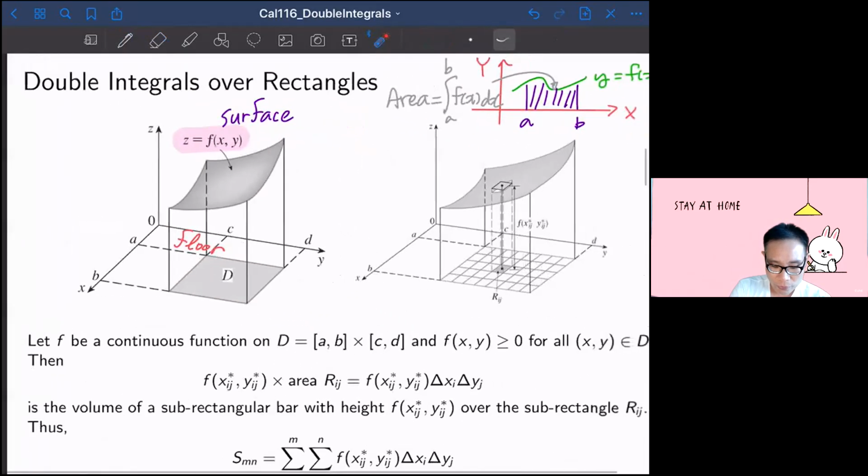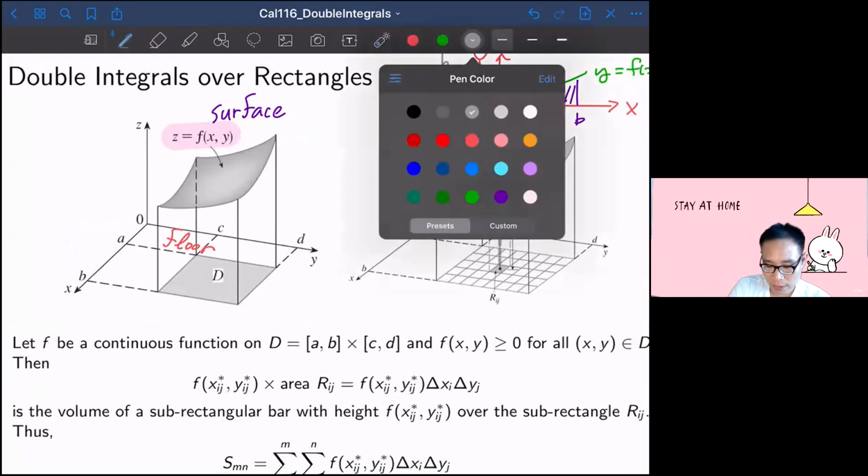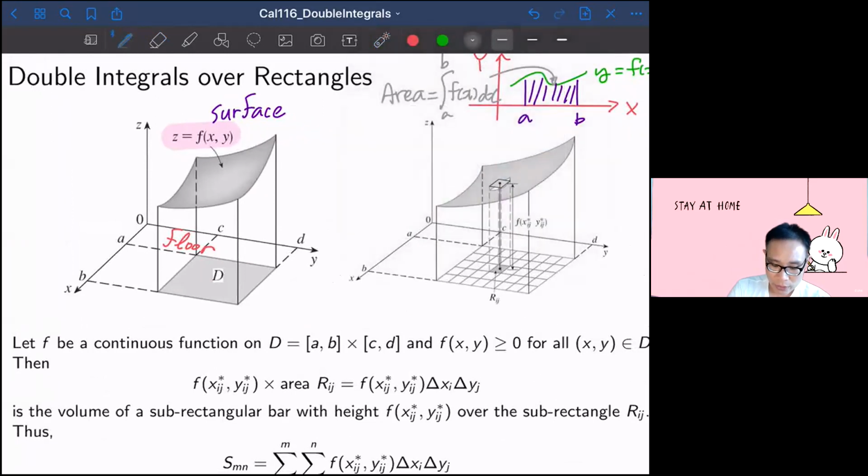If you flip this and draw it in 2D, it's going to be like this. So you have x, y, and you're going to have a, b, c, d.